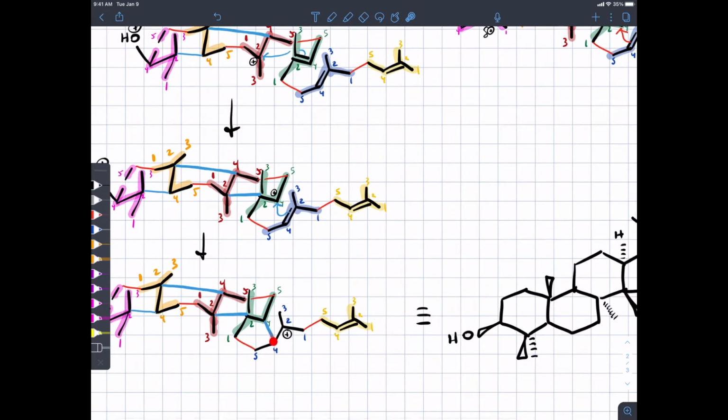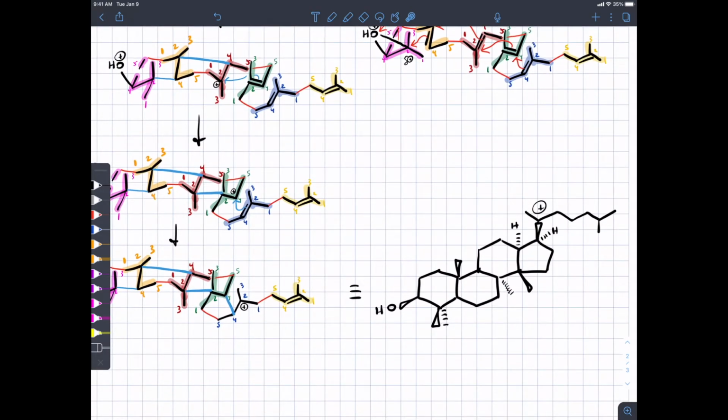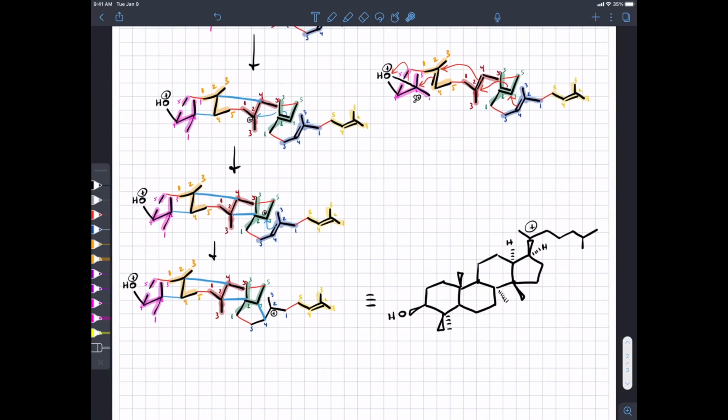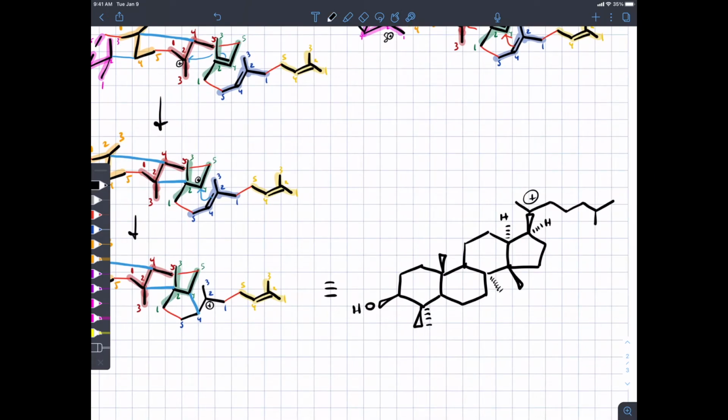In terms of why we form a 5-membered ring versus a 6-membered ring, I got nothing there. Yep. Yes? Why doesn't that last isoprene unit form another 5-membered ring? Yeah, why doesn't that last isoprene unit form a 5-membered ring? Because you could, 1, 2, 3, 4, 5. Did we get the number of bonds right?